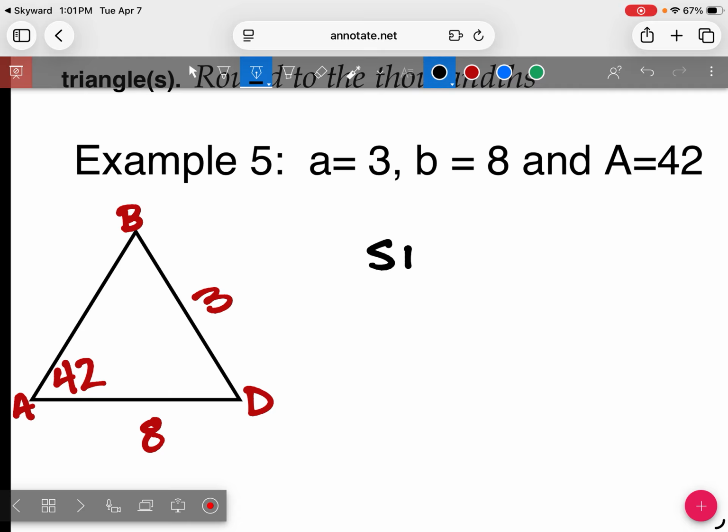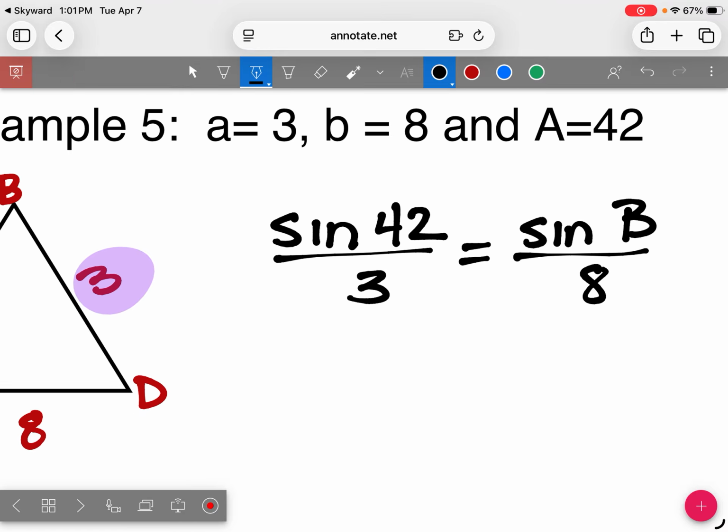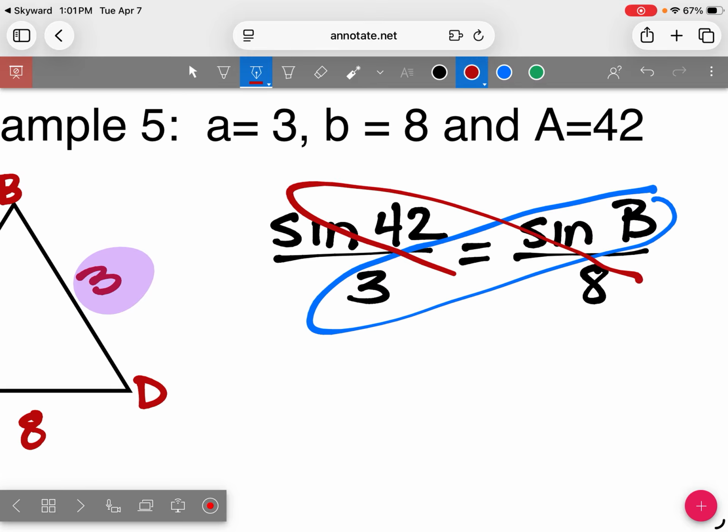So we're going to take the sine of 42 over 3, because again, this is my pair. That's my pair. And we're setting that equal to the sine of angle B over 8. So let's cross multiply. When we go this direction, and then we're also going to go this direction.